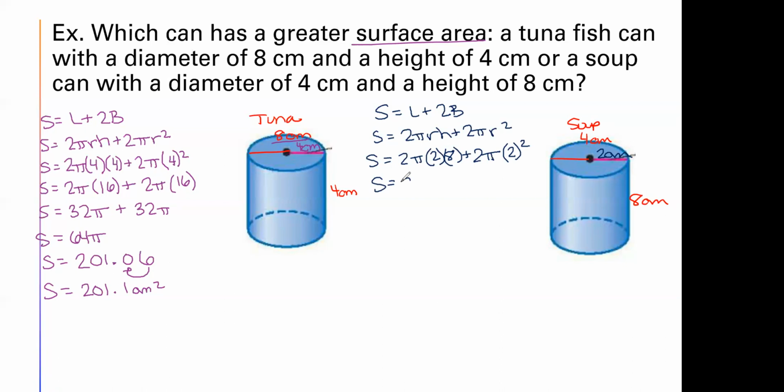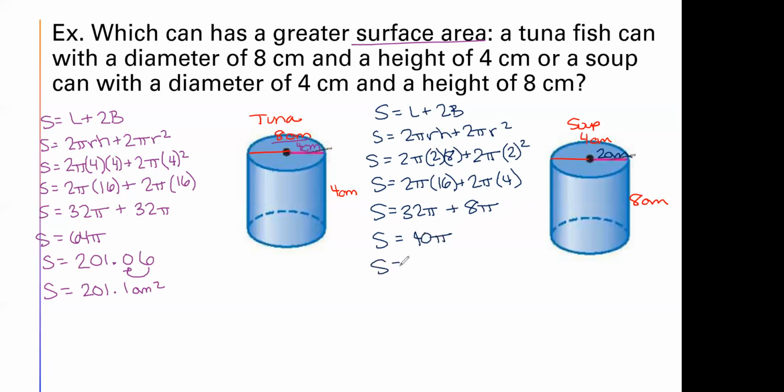So I'm going to multiply 2 pi times 2 times 8, which is 16. And then 2 pi times 2 squared, which is 4. And then 2 times 16 is 32 pi plus 8 pi. And 32 pi plus 8 pi is 40 pi.